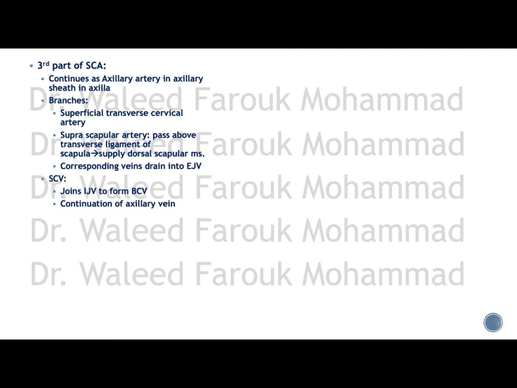That's why they are contents of the posterior triangle, like the superficial transverse cervical artery and the suprascapular artery. The subclavian vein is a continuation of the axillary vein and ends by joining the corresponding internal jugular vein to form the brachiocephalic vein.